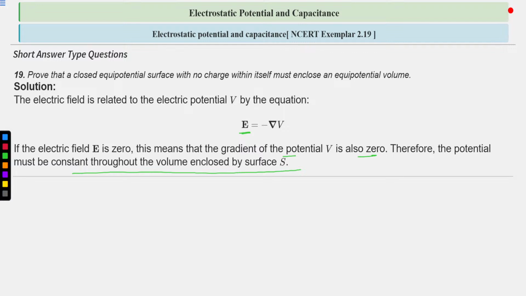This means potential is constant for any point inside that equipotential surface. This means the surface is enclosing an equipotential volume, meaning throughout the volume potential is constant. Okay, so therefore the potential must be constant throughout the volume enclosed by surface S. Got it?